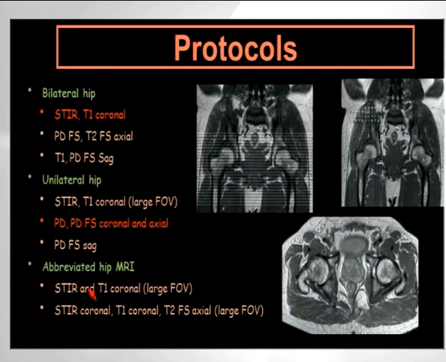In the emergency setting, we have been doing abbreviated hip MRI, which would include just STIR and T1 coronal, and in many places, T2 fat-sat axial can also be added. But remember, these are large field of view. And why we chose coronal was because coronal is the only sequence which would include the entire pelvis, because axial and sagittals can miss the iliac crest and sacrum.